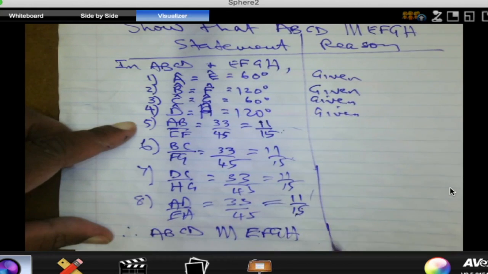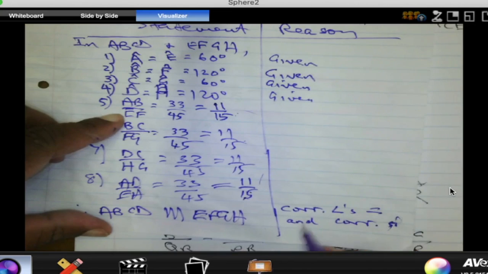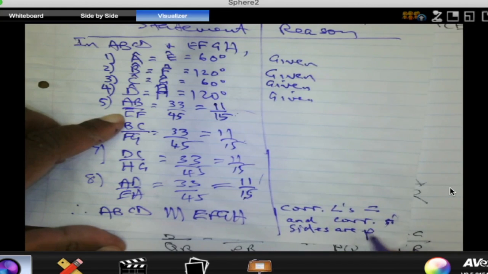Now the reason is corresponding angles are equal and corresponding sides are in proportion. Okay.